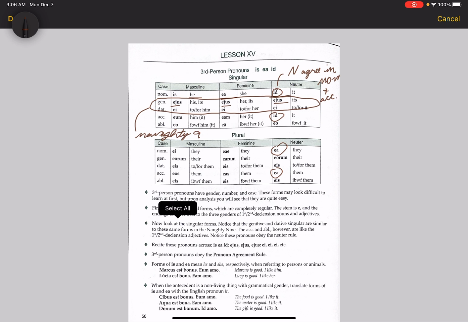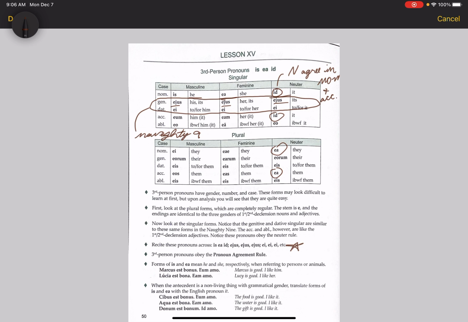You could do that, but I would recommend that if you do that, you also do it by gender. So go is, eius, ei, eum, eo, ei, eorum, eis, eos, eis, and then do the feminine and then the neuter. So you can practice it the way that they're suggesting here, but also do it by gender so that you can divorce them if necessary to do just the masculine in your head, as well as going across the board like they're suggesting.